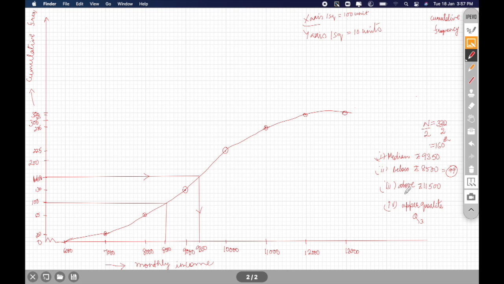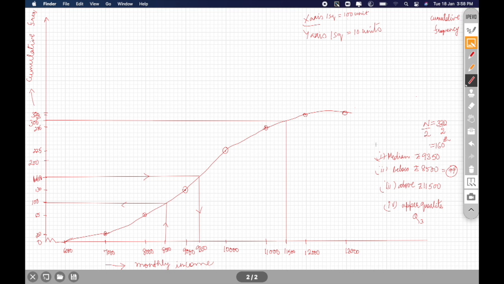Next, number of workers who get above 11,500. So 11,500 is here. This is the position of 100, 200, 300, 400, 500. So 11,500 is here. In a similar manner as we did in this case, we will draw a line perpendicular to the x-axis, that is parallel to the y-axis, touching the ogive at a point, and from this point we have to draw a line that goes to 300.